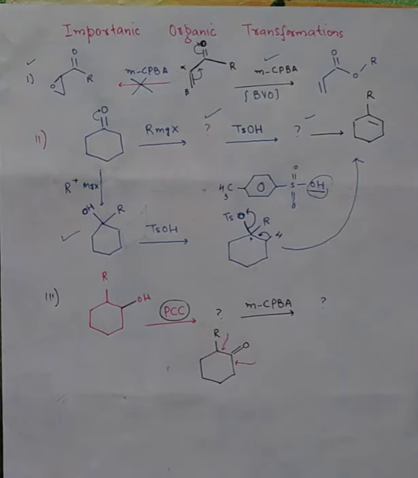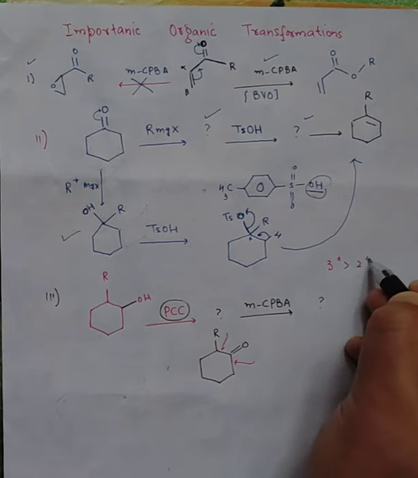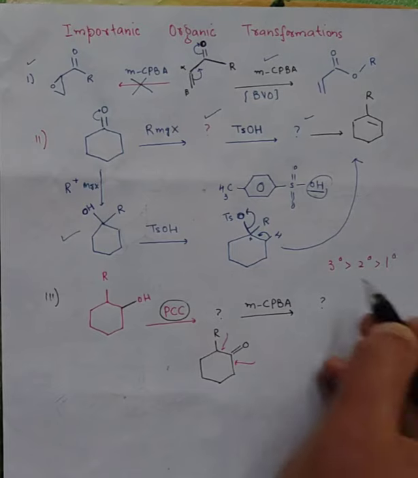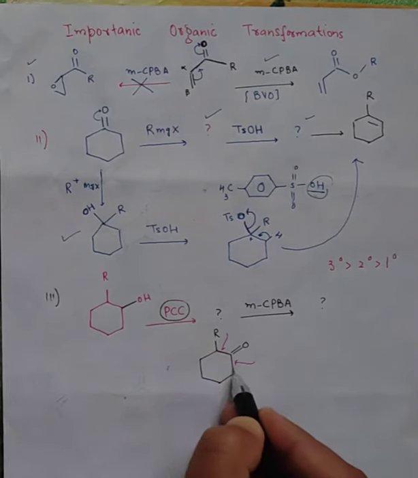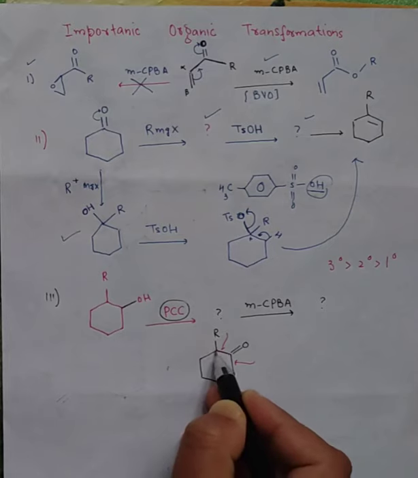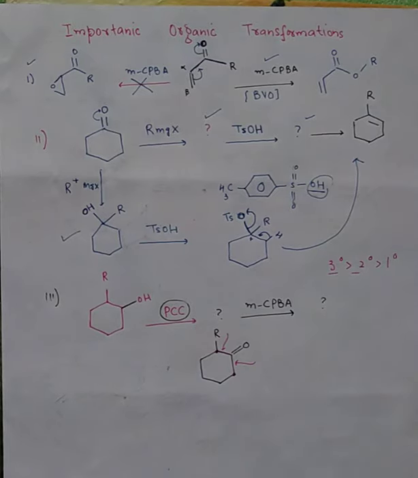For that, we discussed yesterday that it depends on the migratory aptitude of the groups, which follows this order. So of the two carbons adjacent to the carbonyl, the one which is 3 degree or 2 degree is preferable for inserting oxygen.